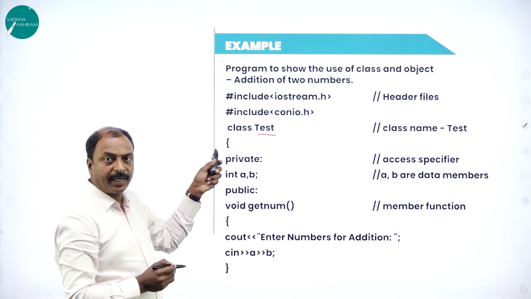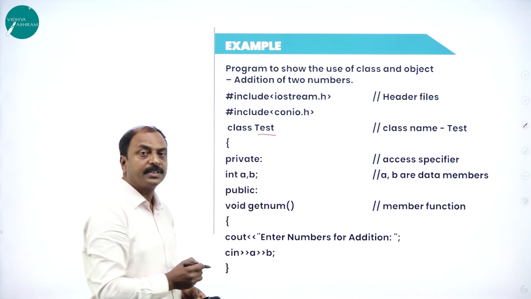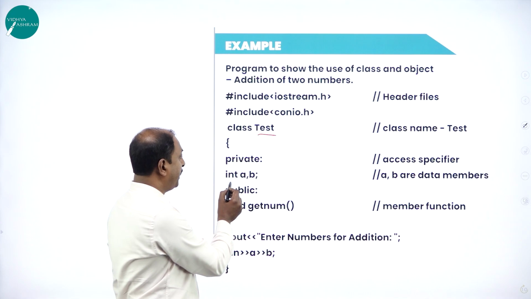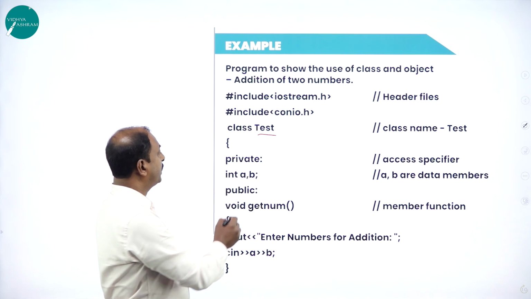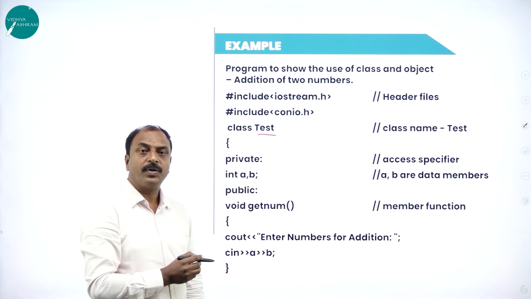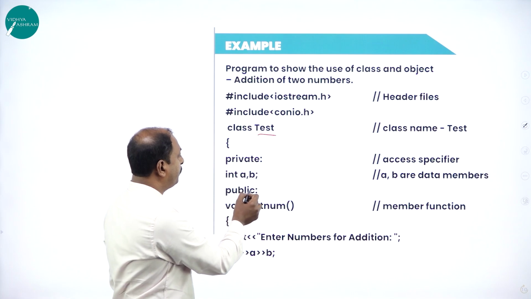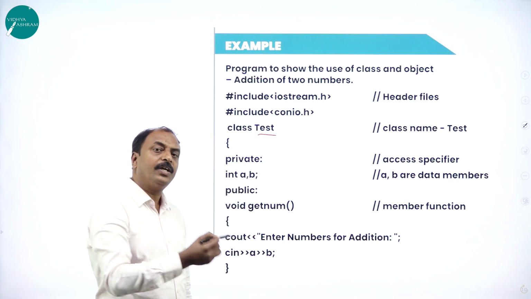Open the flower bracket, and here the access specifier is private. Under private there are two variables, int a, b. For addition of two numbers we require two numbers, a and b, to enter values. And under public, we are declaring and defining functions.